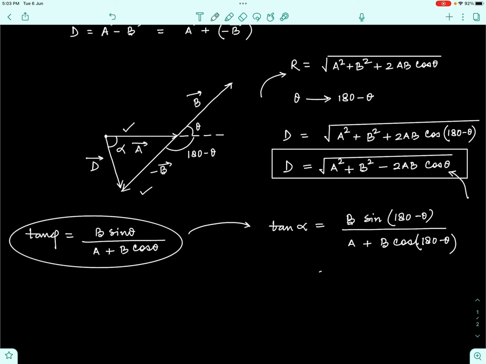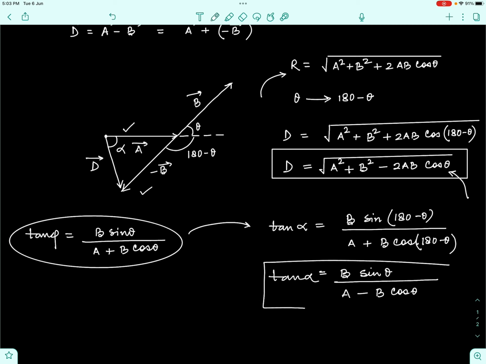And we can simplify this, because we know that sin of 180 minus theta is sin theta itself, whereas cos of 180 minus theta is minus cos theta. So it will be a minus b cos theta in the denominator.